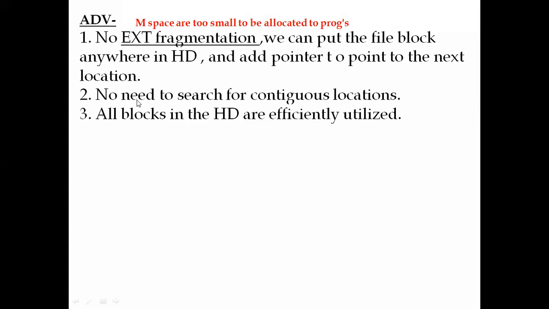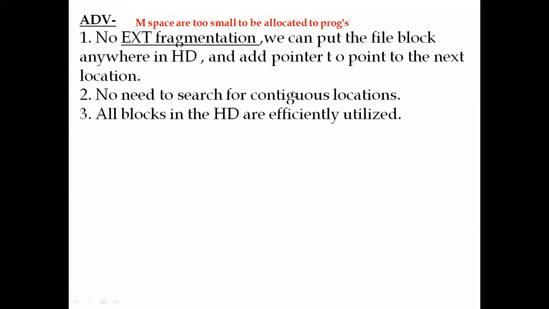Second advantage is no need to search for contiguous allocation, right? A very important point, as we have seen in the previous solution. What was that? The first type of allocation of disk space was contiguous allocation, where we need to search for contiguous memory addresses to find the space. But here, in case of linked allocation, no need to search for the contiguous locations.